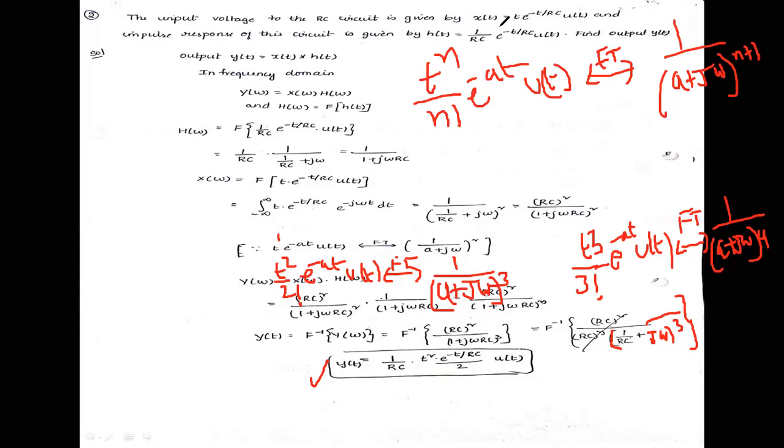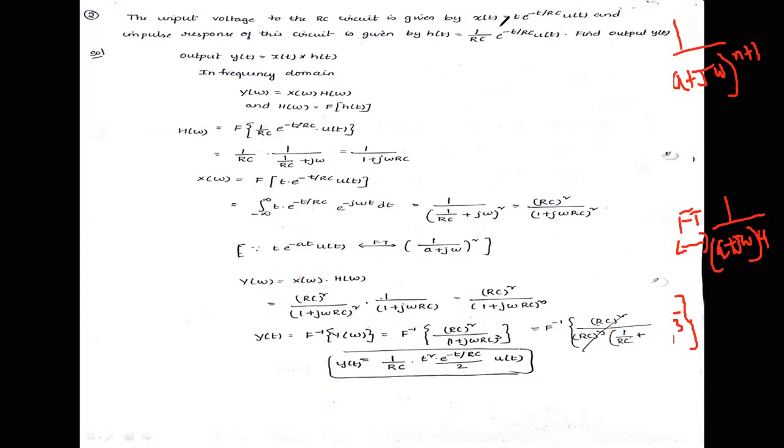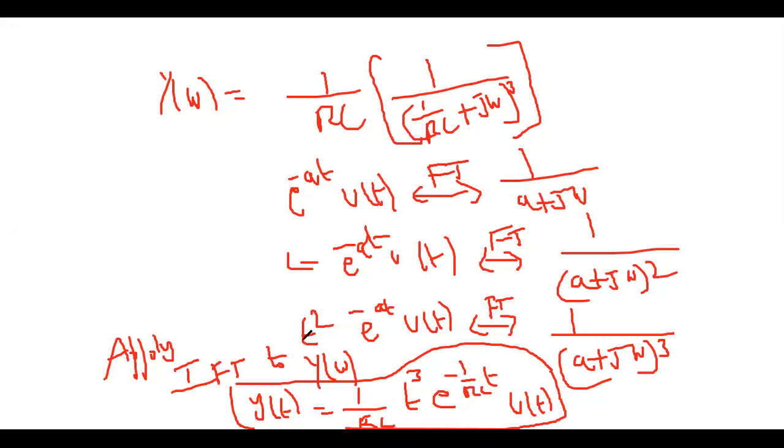Understood? See, that is the same thing, but we missed the 2 there. The 2 factorial. 1 by the t square by 2, so 1 by 2 is also there. It is 1 by 2 rc t square, my dear students, it is not the t cube. Here also I did wrong.